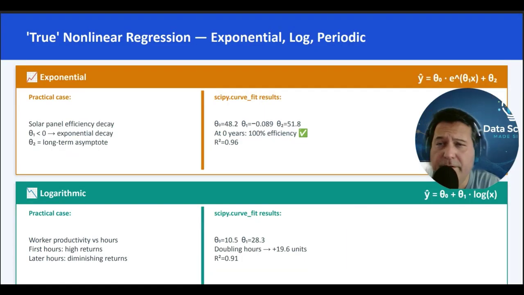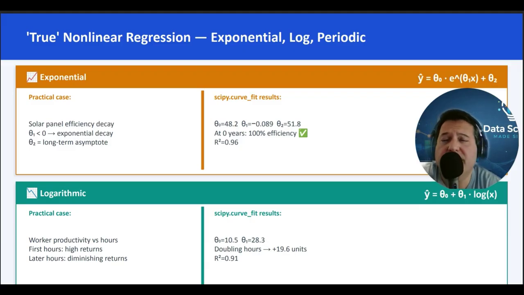Nonlinear regression: exponential, logarithmic, periodic. However, there are cases where polynomials are not suitable and you need true nonlinear regression. The first example is solar panel efficiency. It decays rapidly in early years and then slows down.